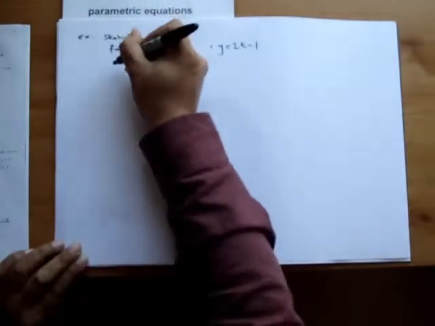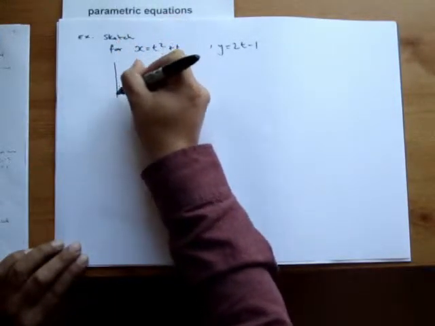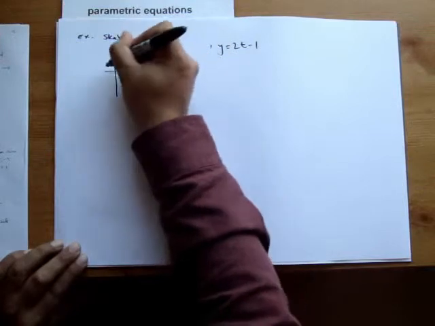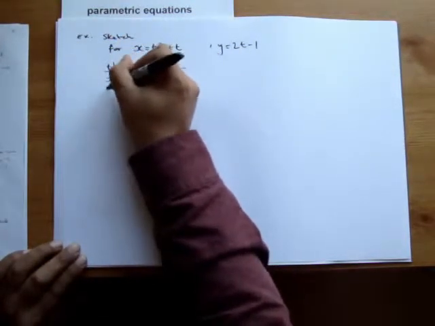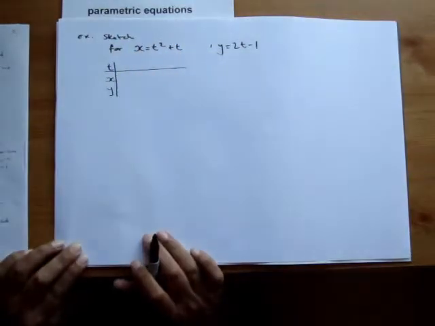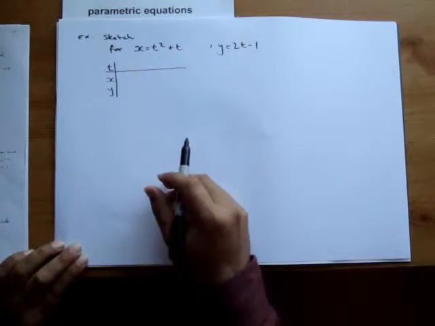Again, let's draw a little table: t, x and y. Let's choose values for t that we feel confident about.